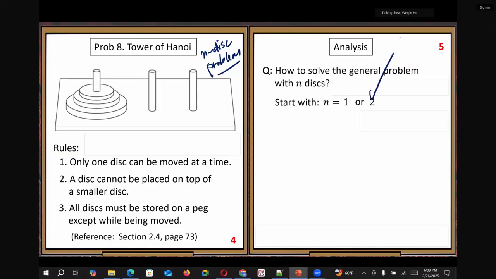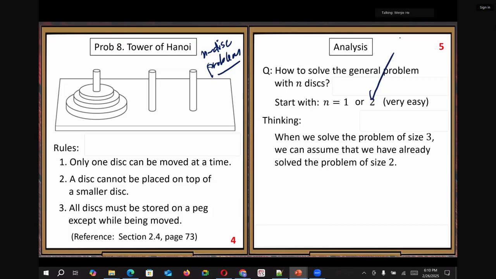There is a gap between these two solutions. Hopefully that gap is small, so you only need to work on that gap part. Then you're done. That's the analysis.